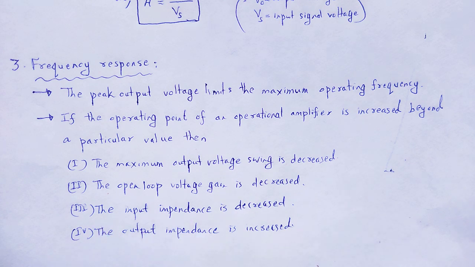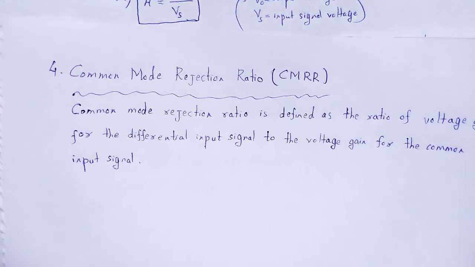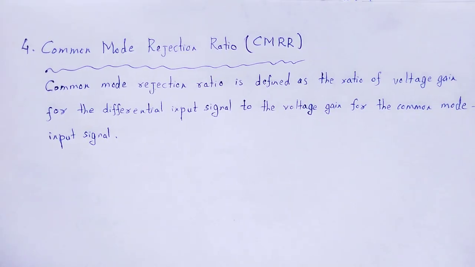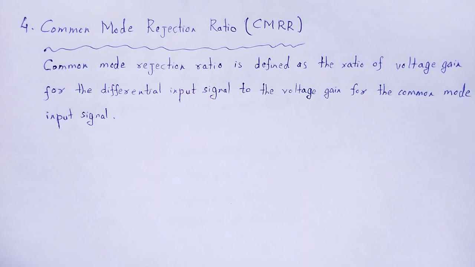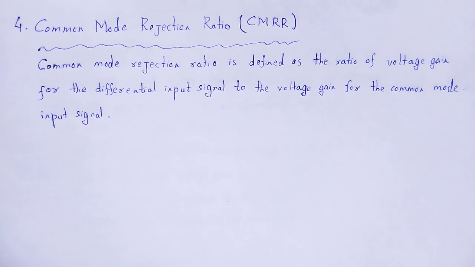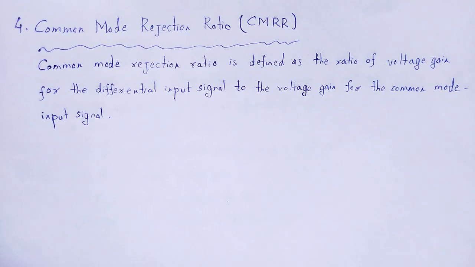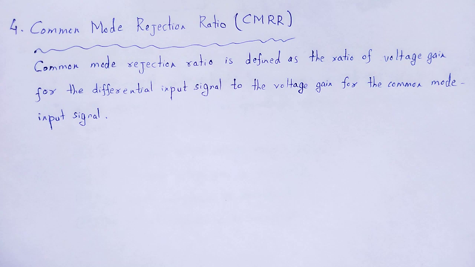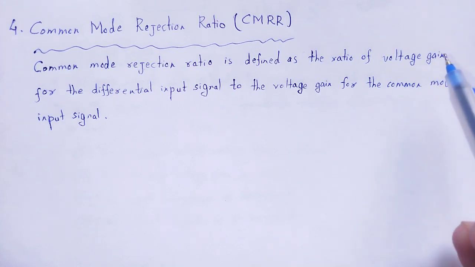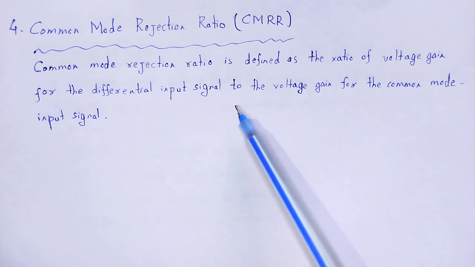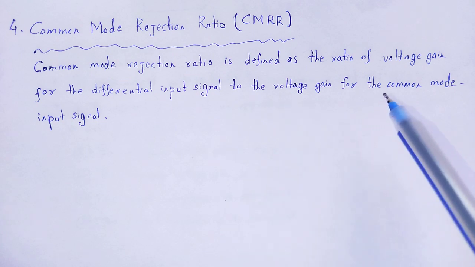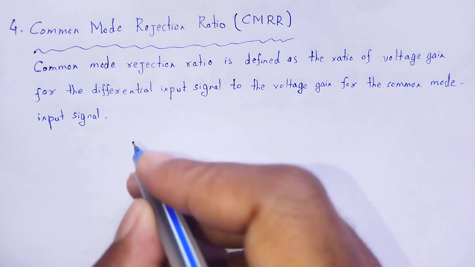Next, common mode rejection ratio, CMRR. What is common mode rejection ratio? Common mode rejection ratio is defined as the ratio of voltage gain for the differential input signal to the voltage gain for the common mode input signal.